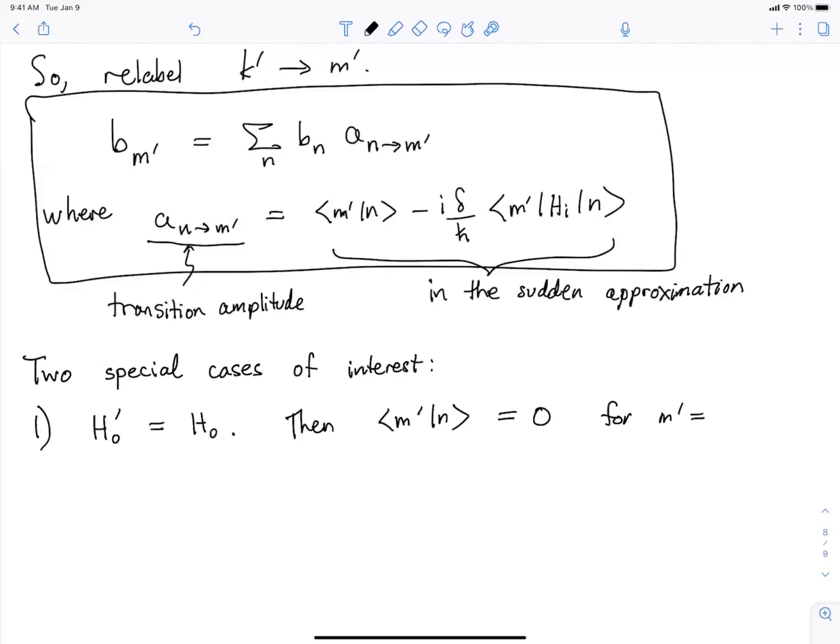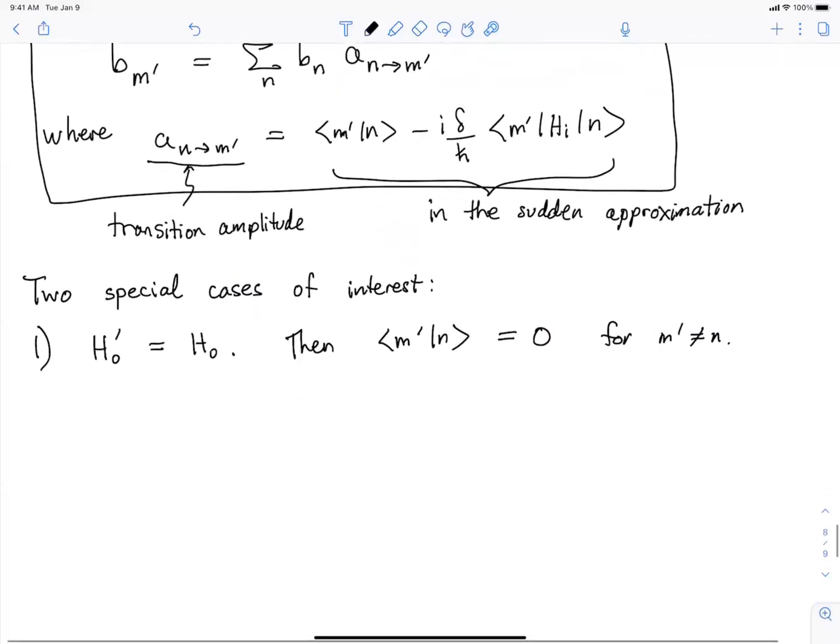Because they're the same Hamiltonian, I can give them the same stationary states, and then orthonormality holds. And so if I'm asking what is the transition amplitude to go to a different state, the contribution from that first term is just going to be 0. And so everything comes from the second term.